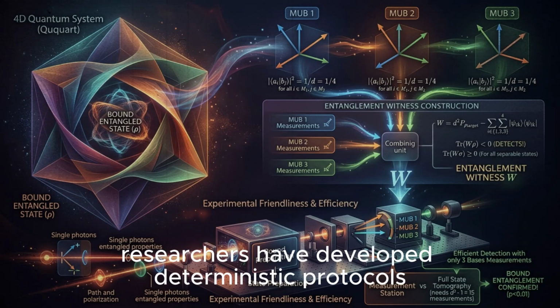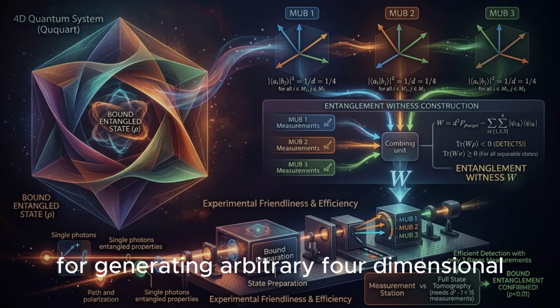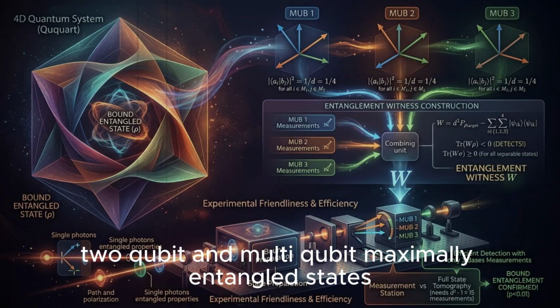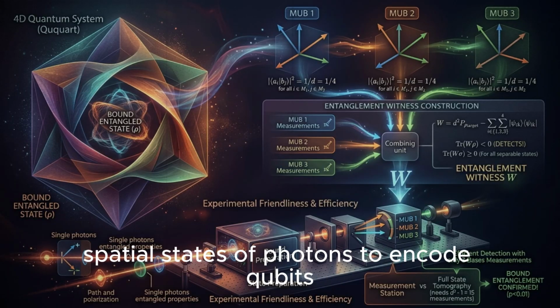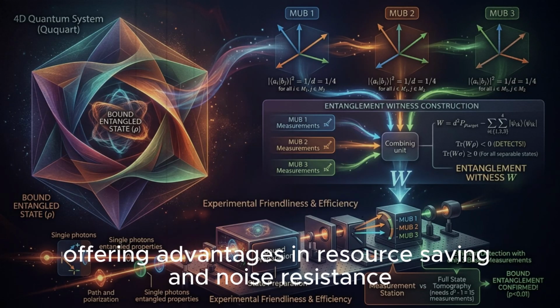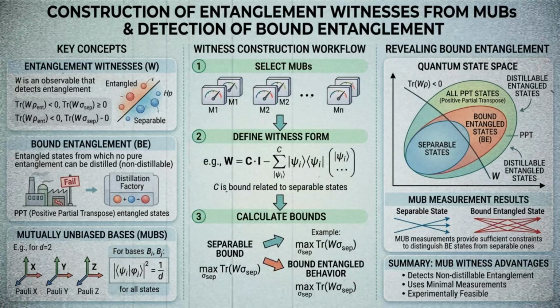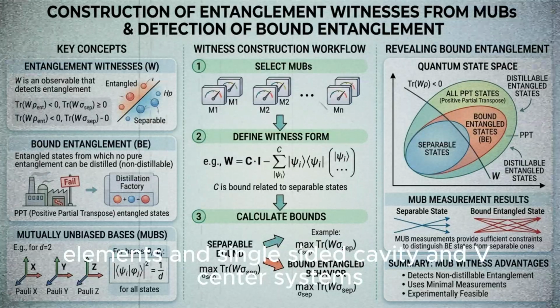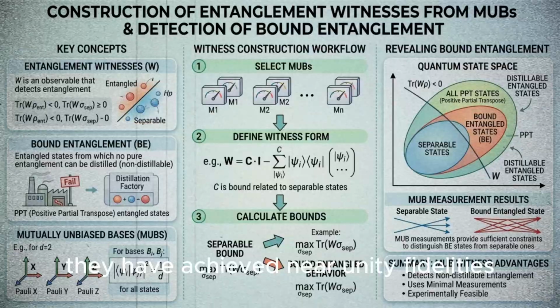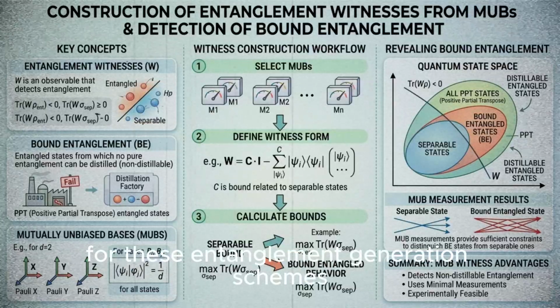Researchers have developed deterministic protocols for generating arbitrary 4-dimensional 2-qubit and multi-qubit maximally entangled states. These protocols leverage hybrid polarization spatial states of photons to encode qubits, offering advantages in resource saving and noise resistance. Using linear optics elements and single-sided cavity NV center systems, they have achieved near-unity fidelities for these entanglement generation schemes.